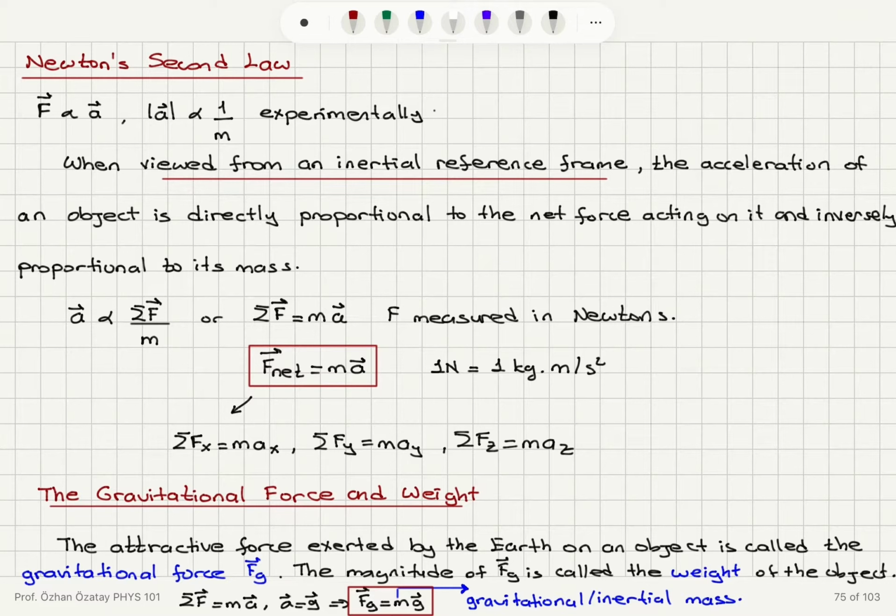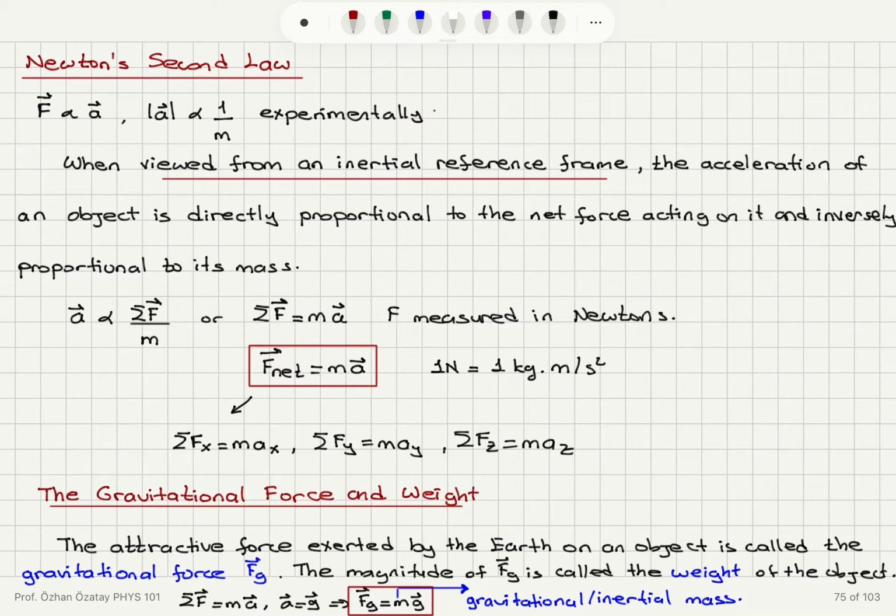So using these experimental facts, Newton formulated his second law. When viewed from an inertial reference frame, the acceleration of an object is directly proportional to the net force acting on it and inversely proportional to its mass. So acceleration that is caused by the force is directly proportional to the force, inversely proportional to the mass.